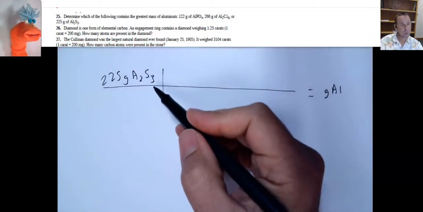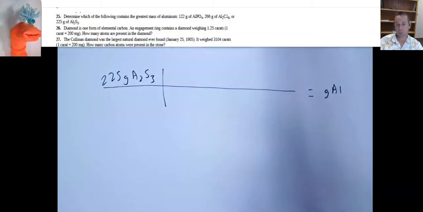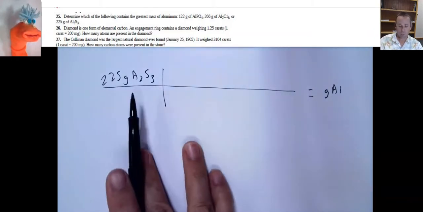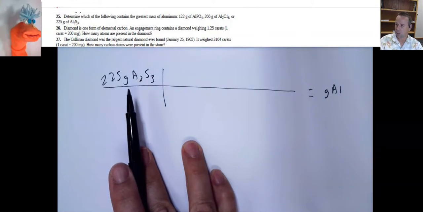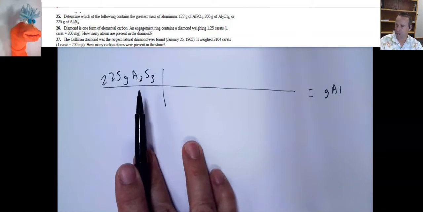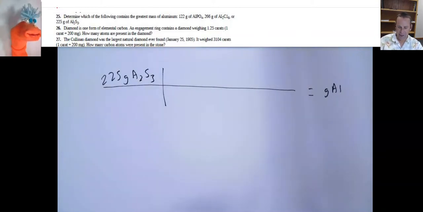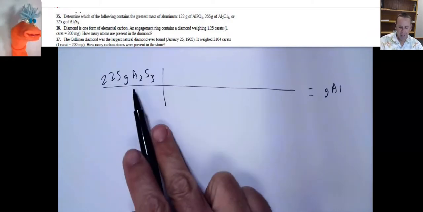Well, I know that this is going to be the answer, don't I? Because I have more moles of aluminum sulfide than I do of the other ones. But we can double check here.